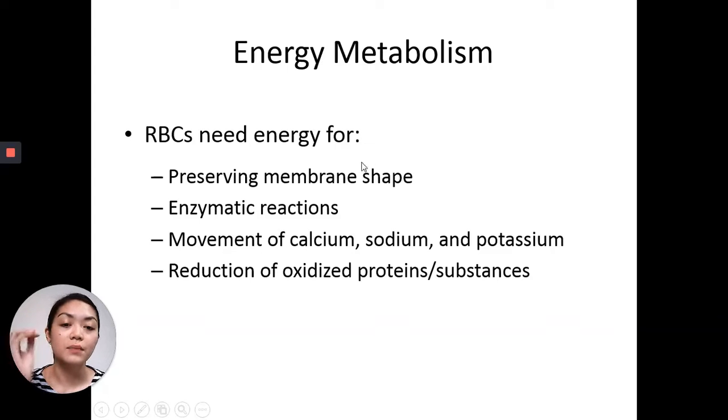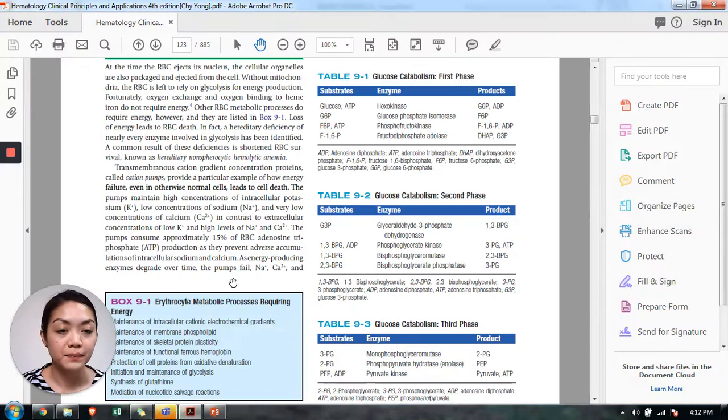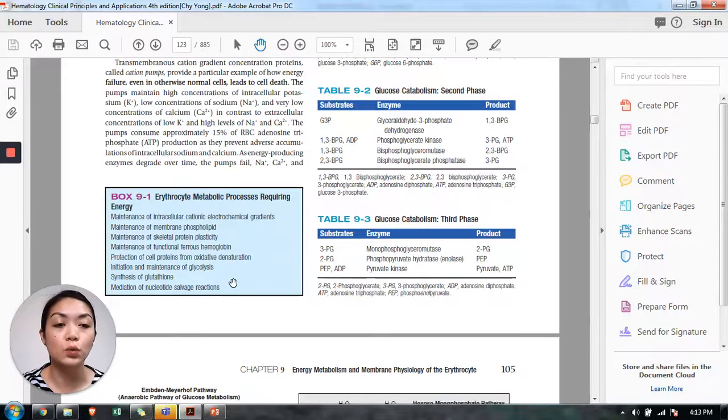You have the different uses or functions of energy of a red blood cell there, box 9-1.